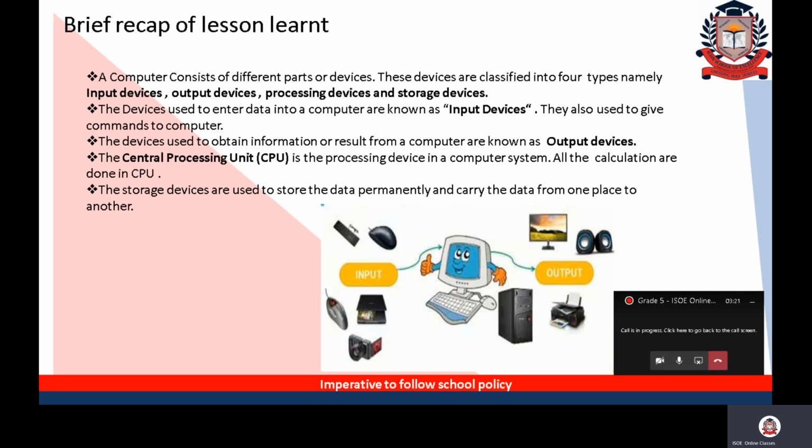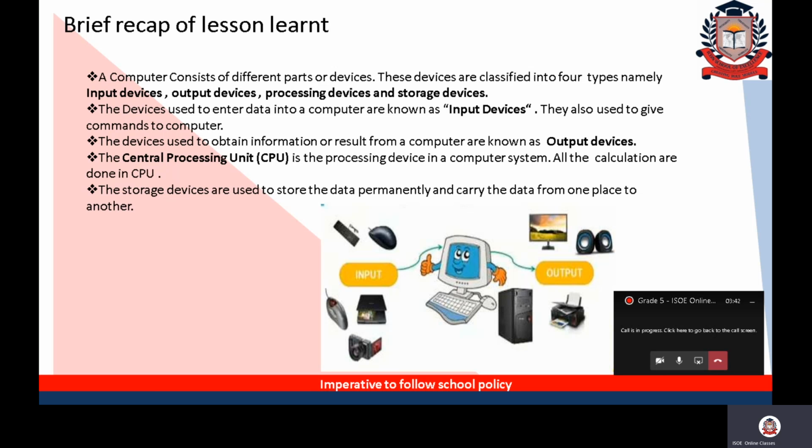Today's session we will talk about early calculating devices. What were the devices before the computer came? What are all the calculation devices? How have they been working, and who developed them? We will go through those.